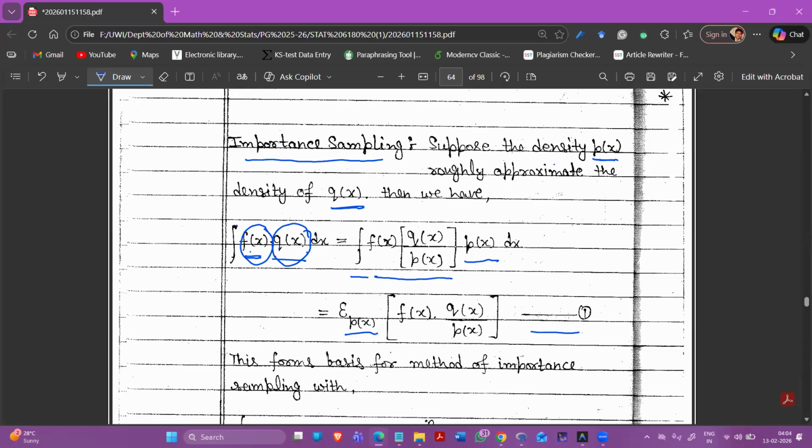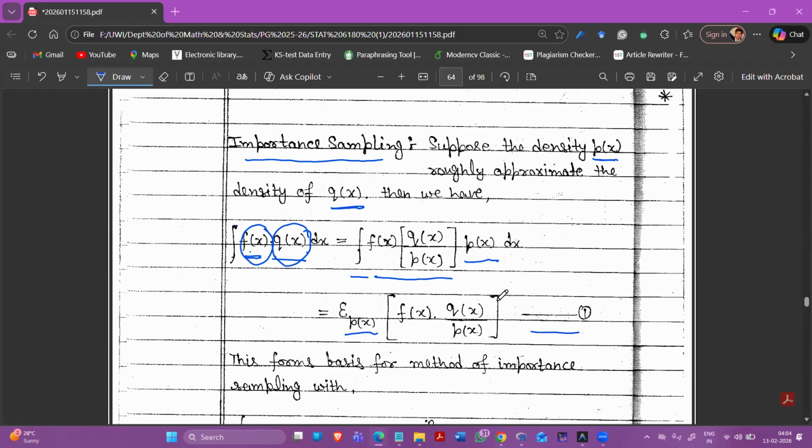So now what will it become? It will become the expectation of fx into qx divided by px, or not? Yes or no? Are you getting this or not?